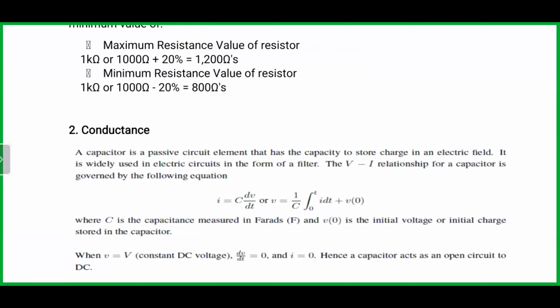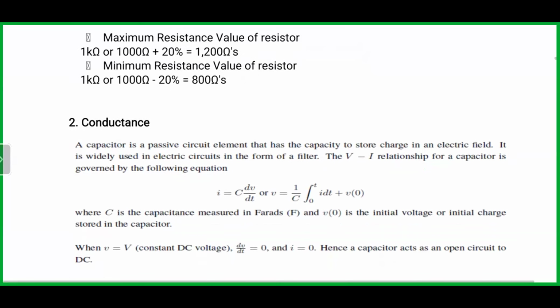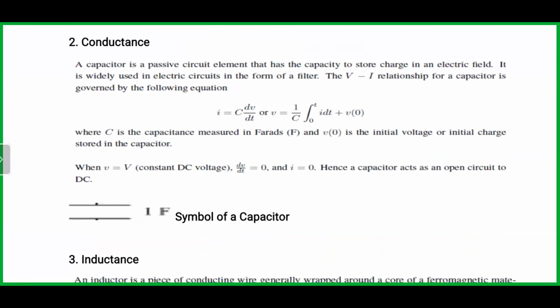Where C is the capacitance measured in farad, and V of 0 is the initial voltage or initial charge stored in the capacitor. When V is constant voltage, dV/dt is equal to 0, and I equal to 0.